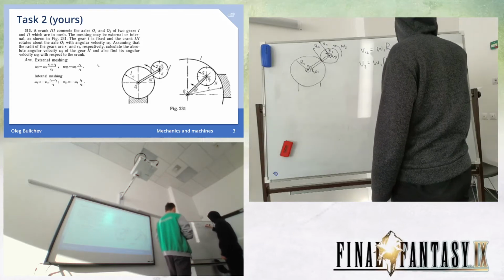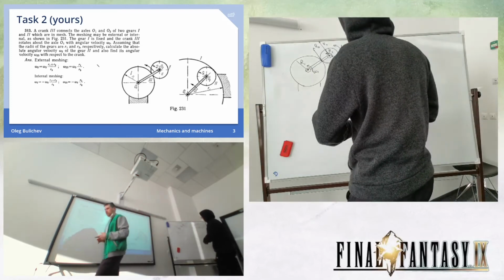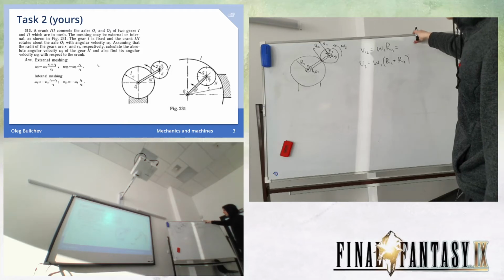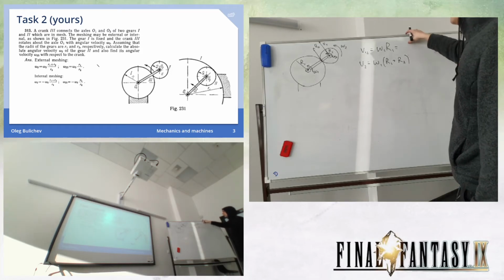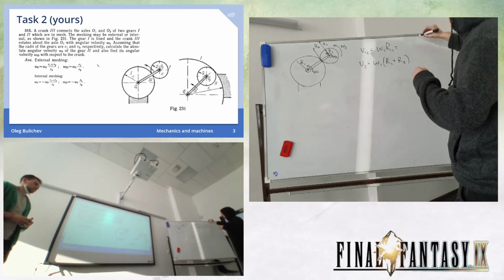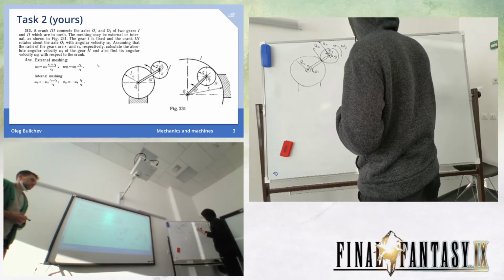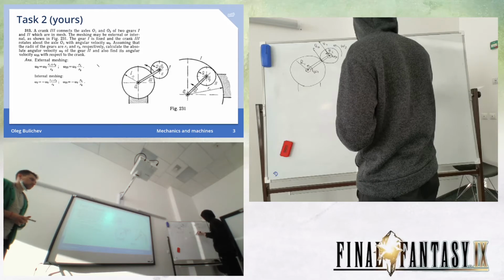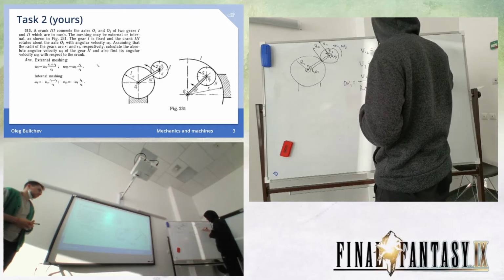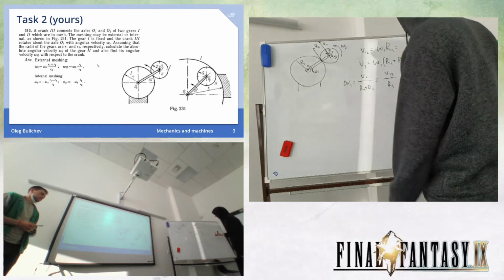And if we know V2, we can find the ratio: omega 1 equals V2 by R1 plus R2, equal to V12 by R1.